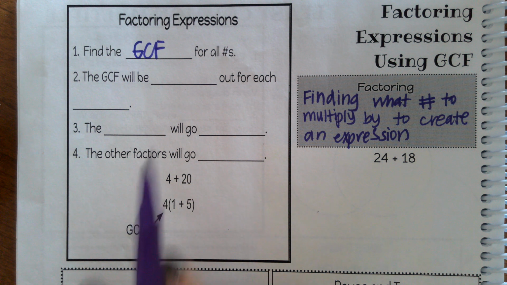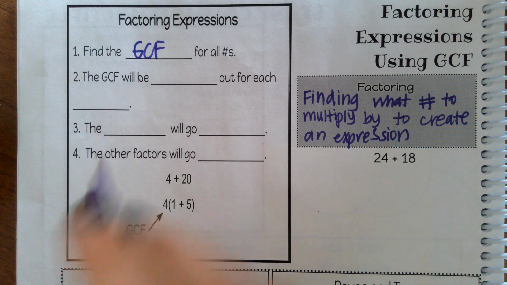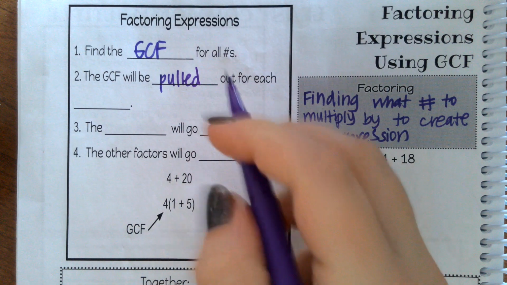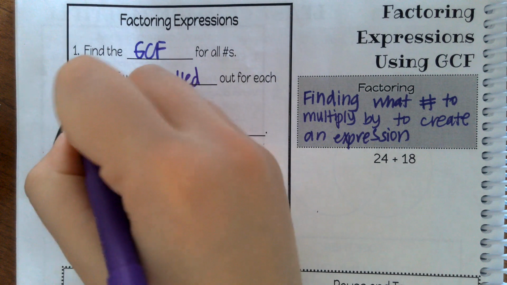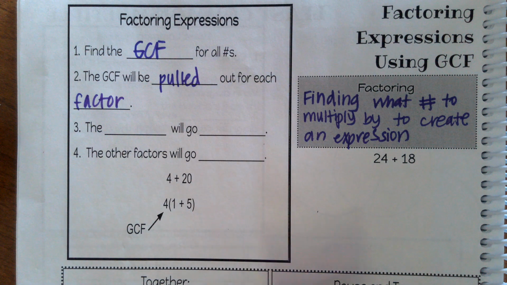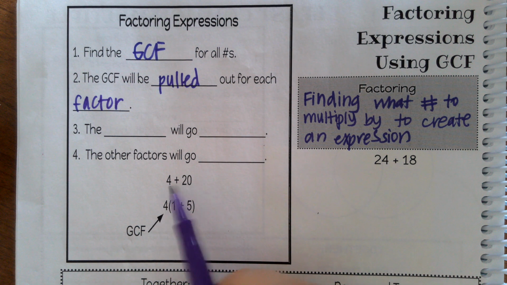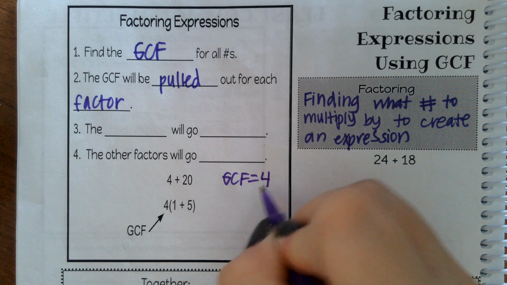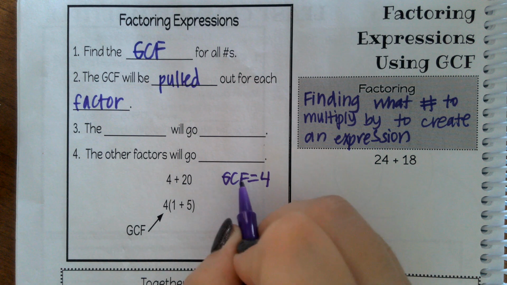Okay, the next step is that the GCF will be pulled out for each factor. So, for example, we know that the GCF is 4 for this expression.